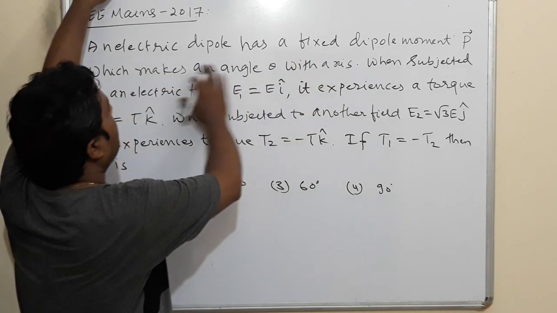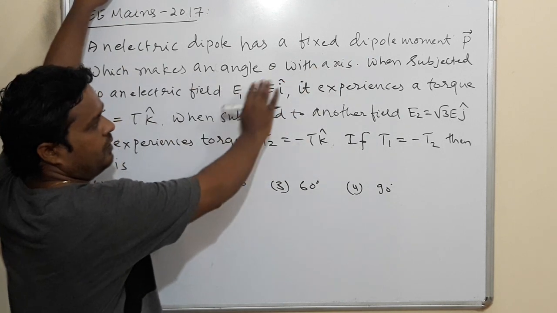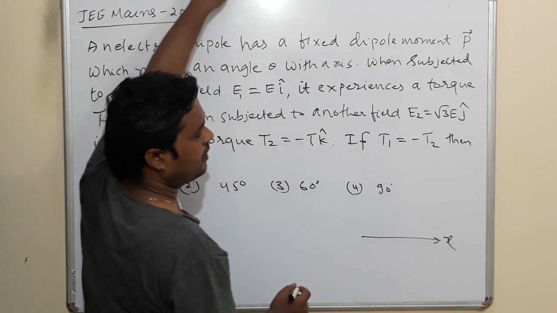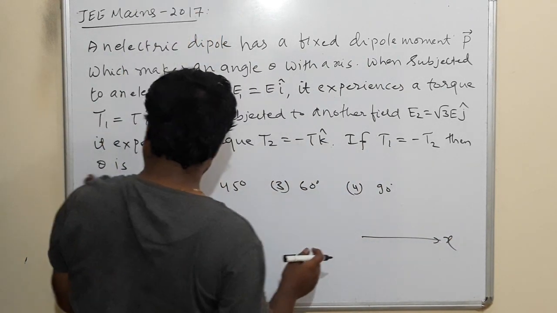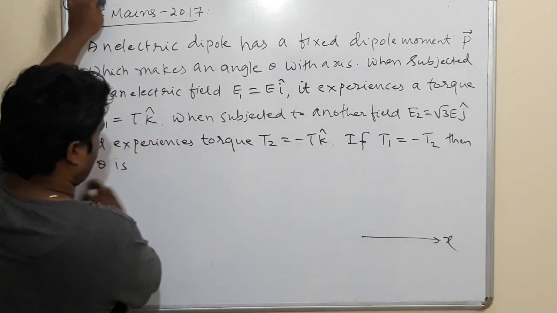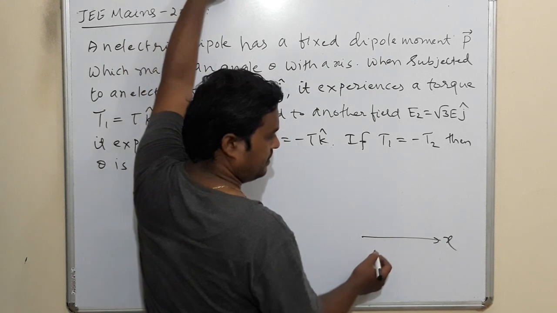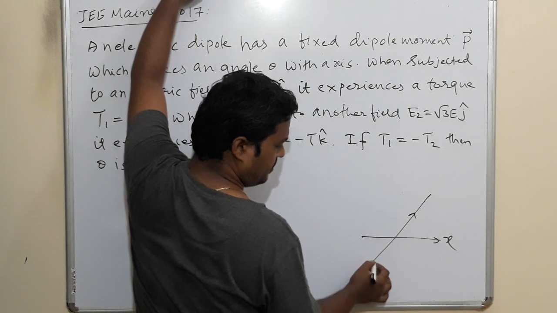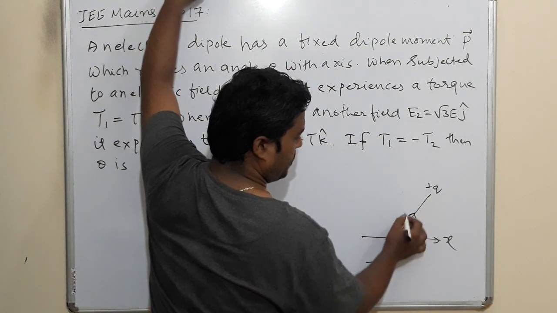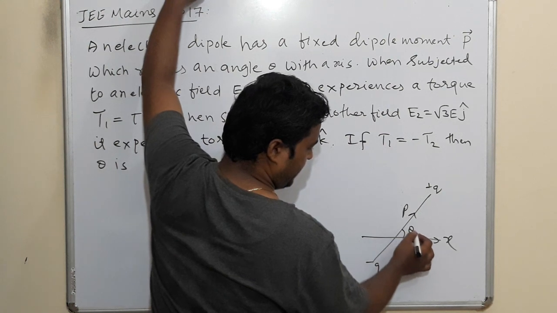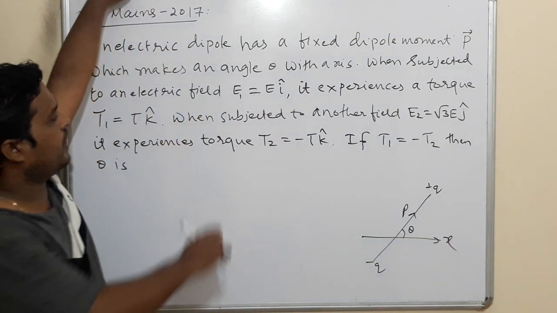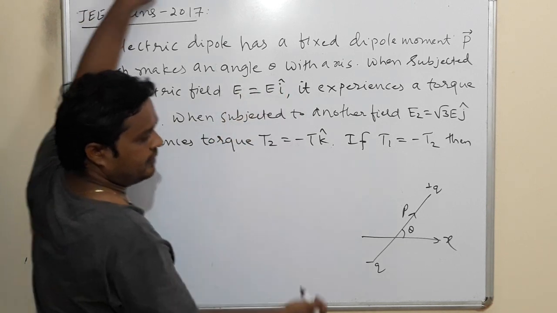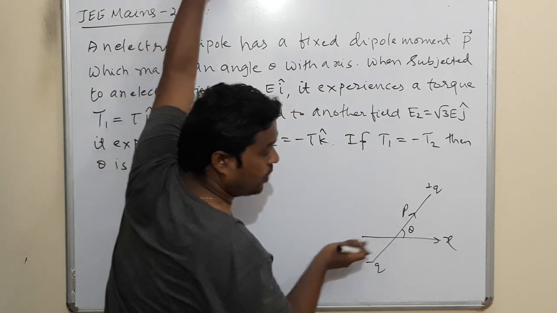The dipole is placed, having fixed dipole moment P, making an angle theta with x-axis. This is x-axis. This is minus q, this is plus q. This P is making an angle theta with x-axis. Now I am putting two electric fields here. When the dipole is subjected to electric field E i, this electric field is along x-axis.